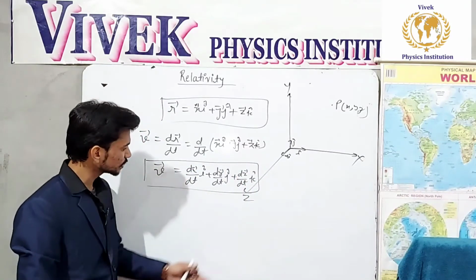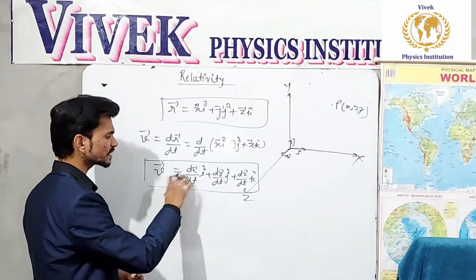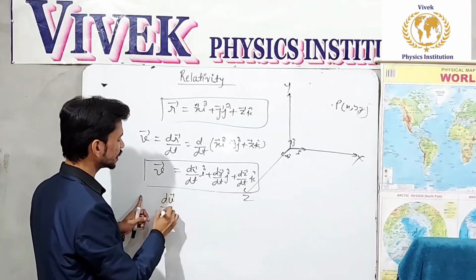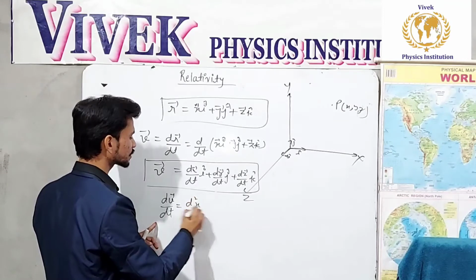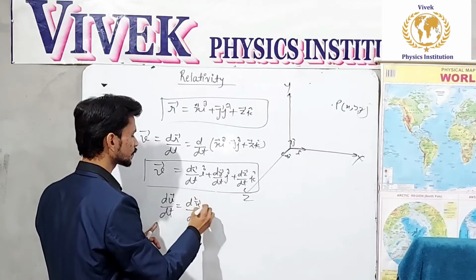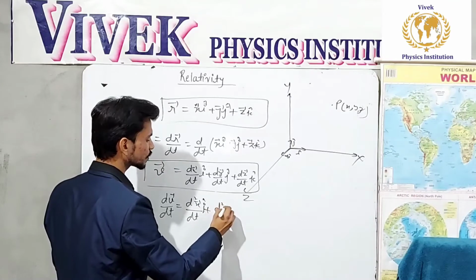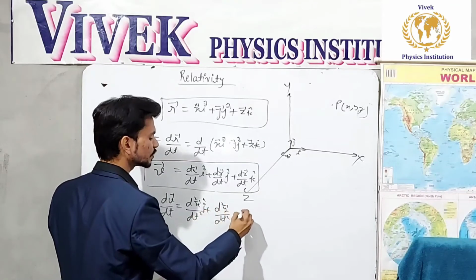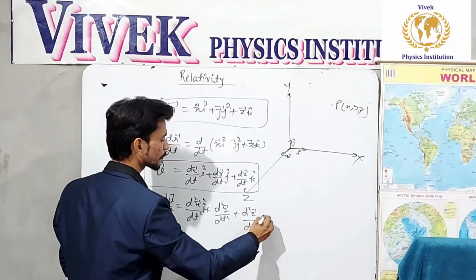Also you can express this in terms of acceleration. Differentiate this equation one more time, and that will give you dv over dt, which becomes d square x over dt square times i, plus d square y over dt square times j, plus d square z over dt square times k.